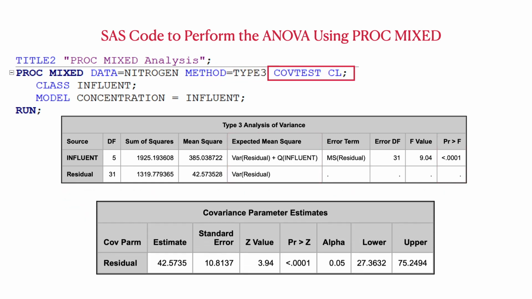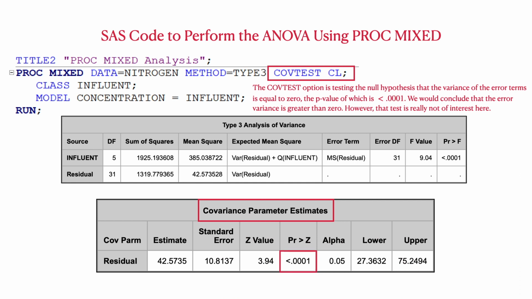Next, let's look at the output produced by the covtest and CL options. The covtest option tells PROC Mixed to test the significance of all of the random components in the model. In this model, we only have one random component, the error term. And so in this case, the covtest option is testing the null hypothesis that the variance of the error terms, sigma squared, is equal to 0 against the alternative hypothesis that sigma squared is greater than 0.